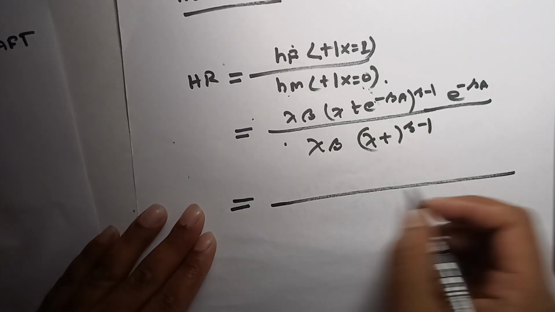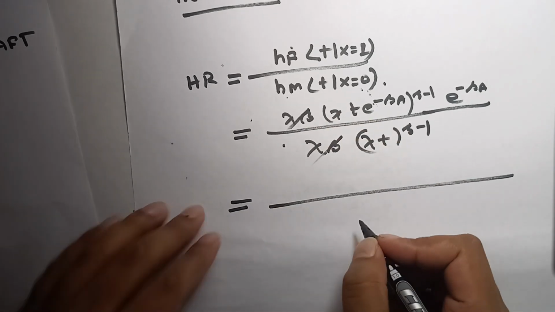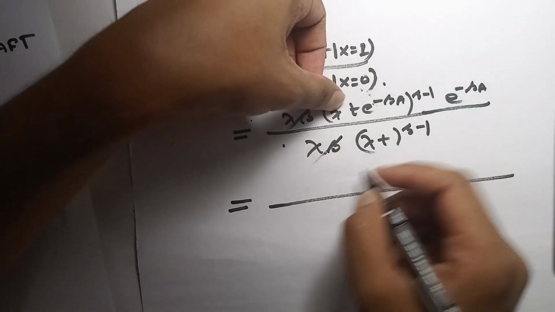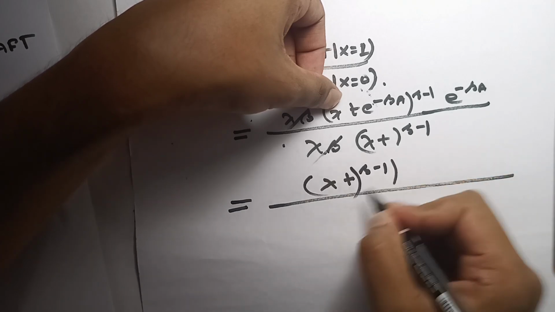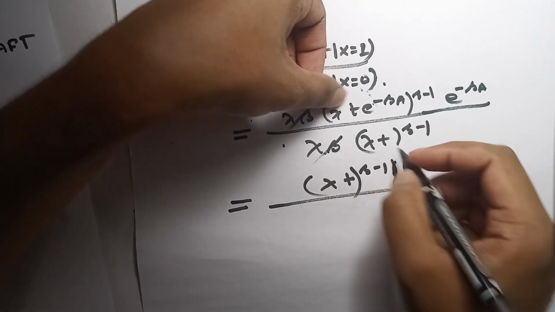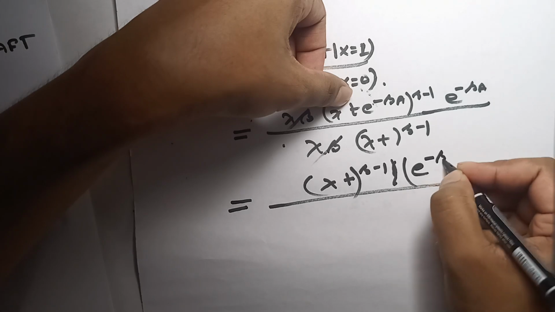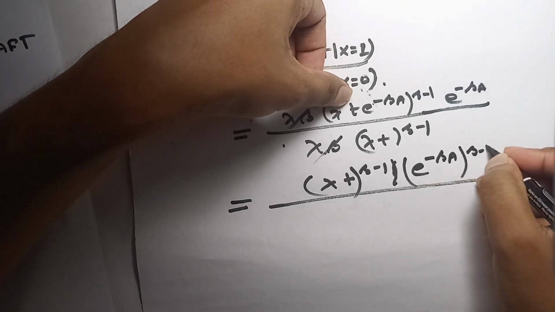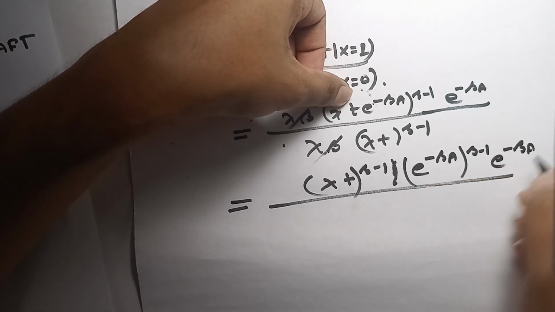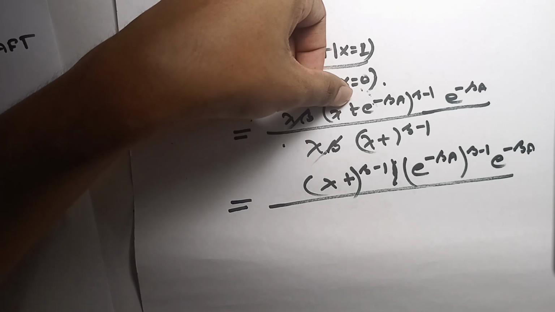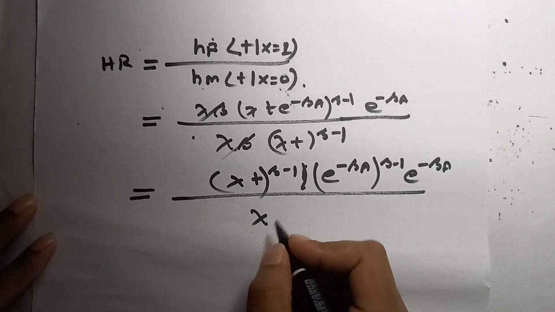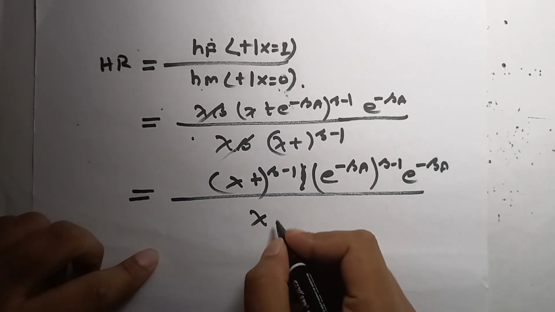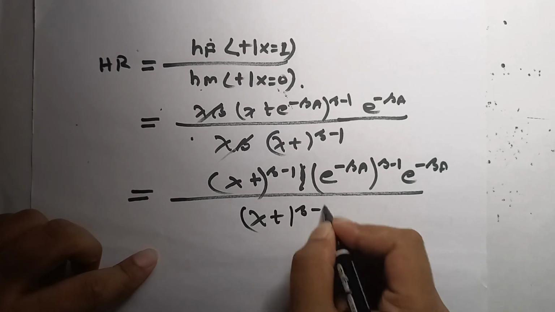Now be ready. So this one cancels. So what I can write? Lambda t beta minus 1, sorry, this one I can write again. I can write e to the power beta A, beta minus 1, e to the power beta A. So that's what I can write actually. Yeah, the next one, so at the denominator it will be lambda t beta minus 1.